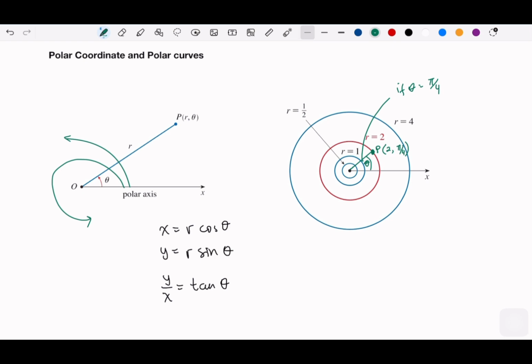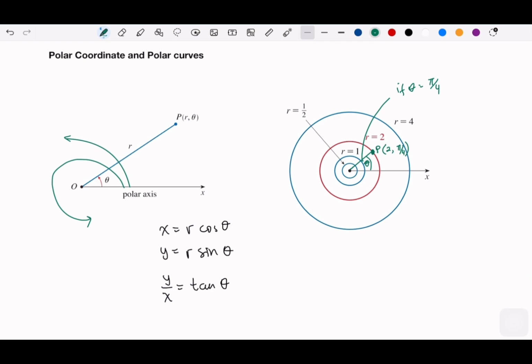You could think of it like this: you have a polar equation, and the radius could be negative. How you write negative is you write it in the opposite direction.